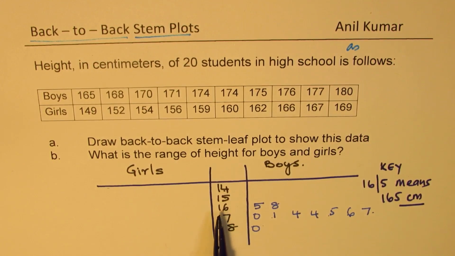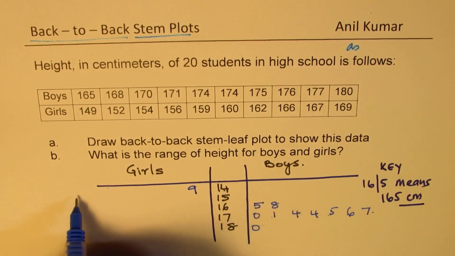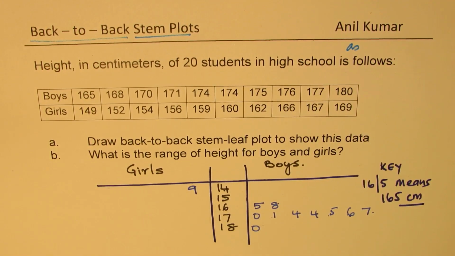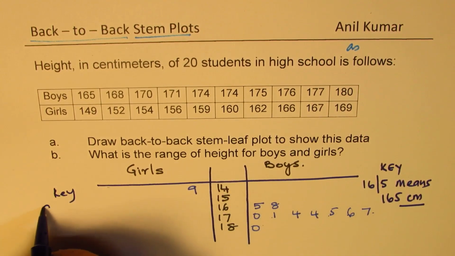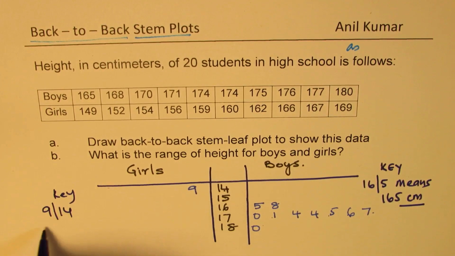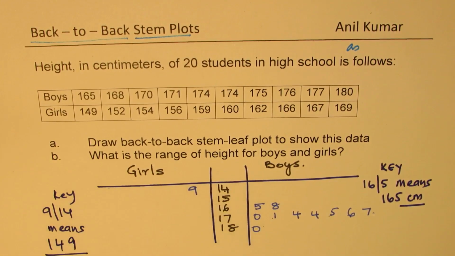Now let's try to place the data for girls, and we'll make it as a back-to-back stem and leaf plot. So 149. We have 14 here, we'll paste 9 here. So the key now becomes, let's write down the key for girls. Key is, if I write 9, 14, it really means what? It means 149. Do you see that? That is the key.